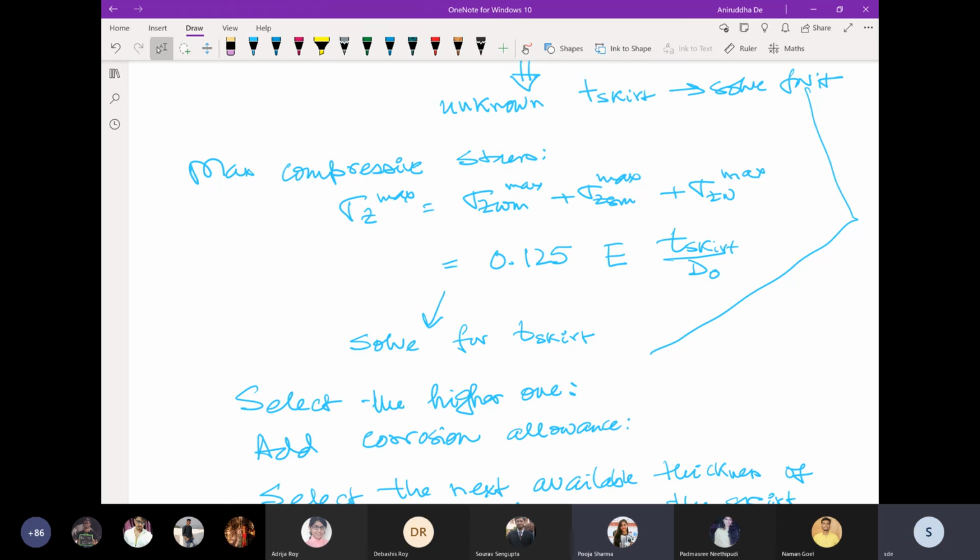So, sir, in this upper part calculation, when we are taking PUW equals K1, K2, P2, H2 into DO, what will we take as the value of P2? I think in the example problem, it is calculated through the wind speed, right? Yes, sir.